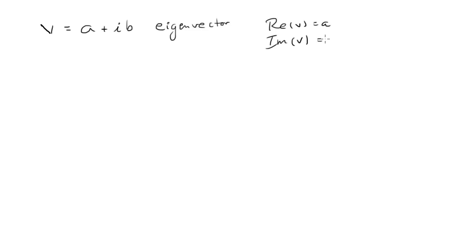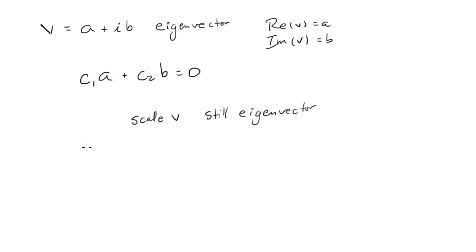Set up a linear combination. If they're linearly dependent, C1 and C2 are non-zero. If I scale an eigenvector, it's still an eigenvector, so here's the clever scale I'm going to do: C2 plus iC1, I'll use that complex scalar.